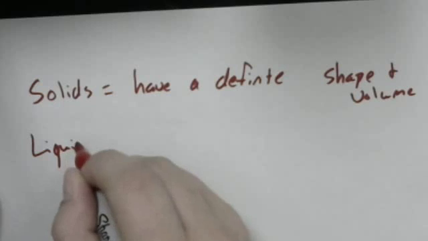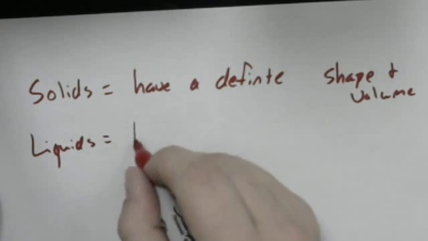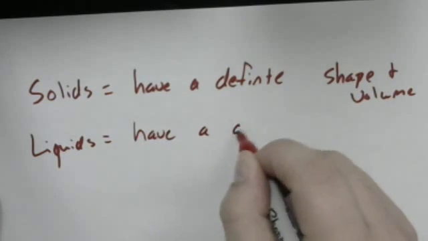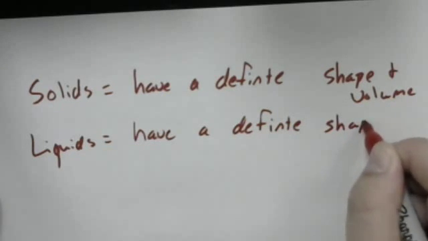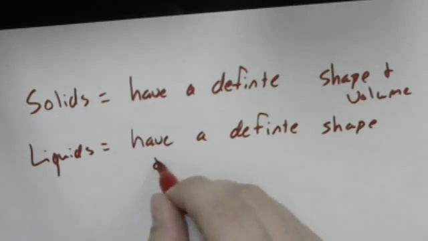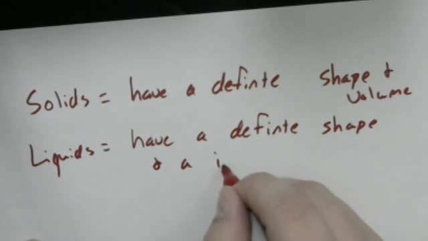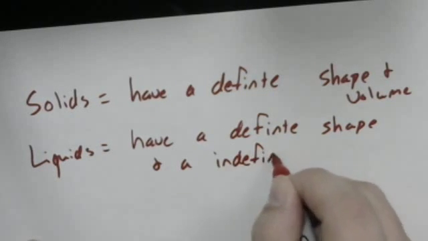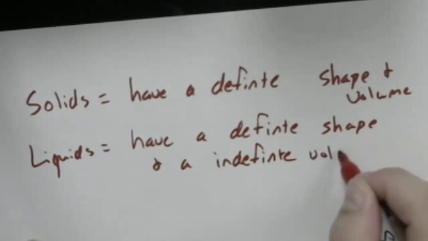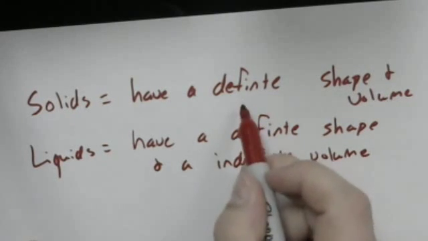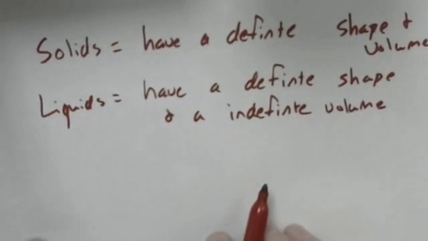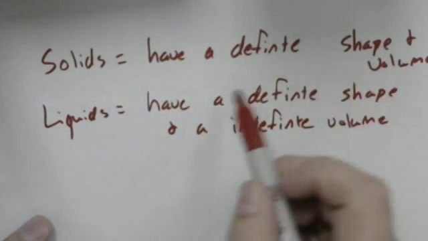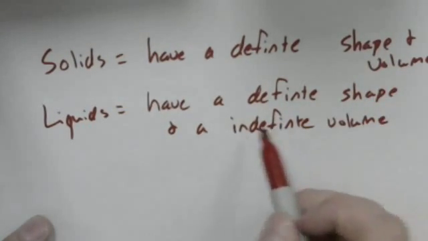Liquids have a definite shape and an indefinite volume. And all it means, definite means it will not change, and indefinite means it can change. Okay, so the solids will never change their shape or their volume. Liquids will not change.